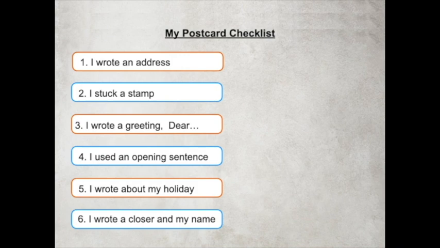One last time, here is your postcard checklist. The things you need to make sure that you have done in your postcard. Did you write an address? Did you stick a stamp? Did you use a greeting like dear and the name of the person you're writing to?